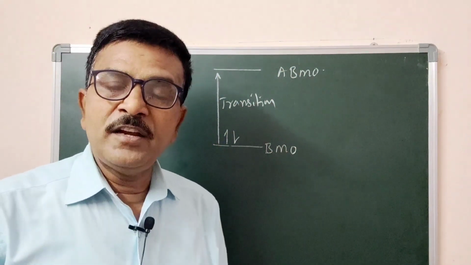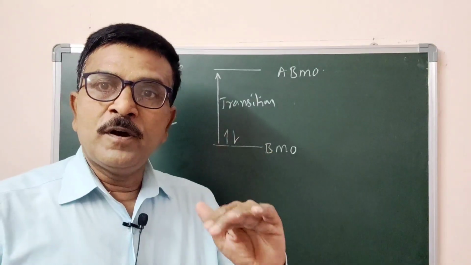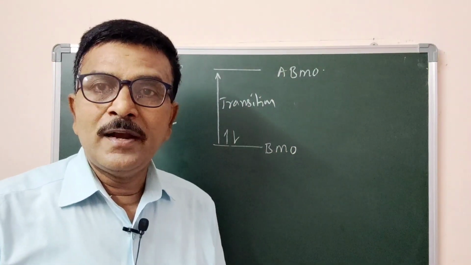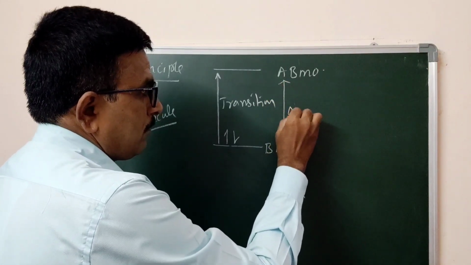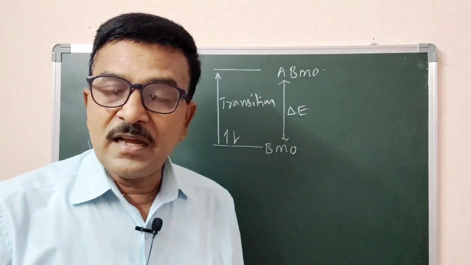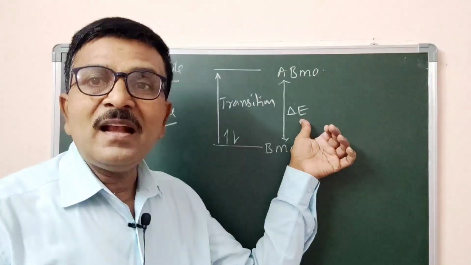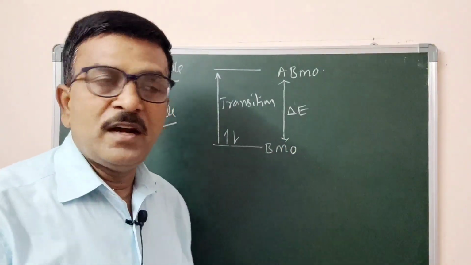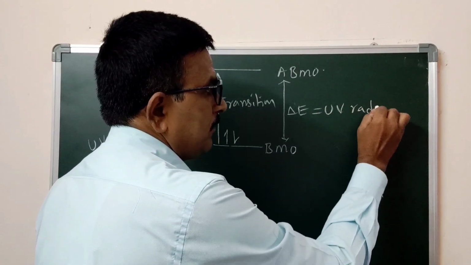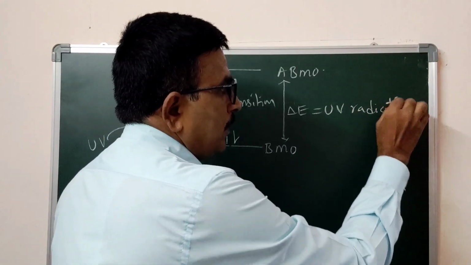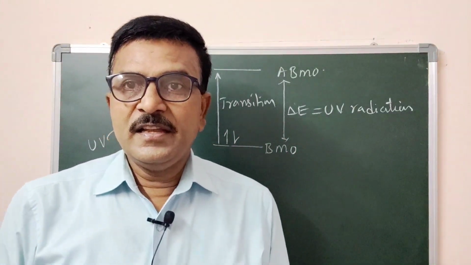The energy difference between the bonding molecular orbital and the anti-bonding molecular orbital, that is delta E, is exactly equal to the energy of the ultraviolet radiation.